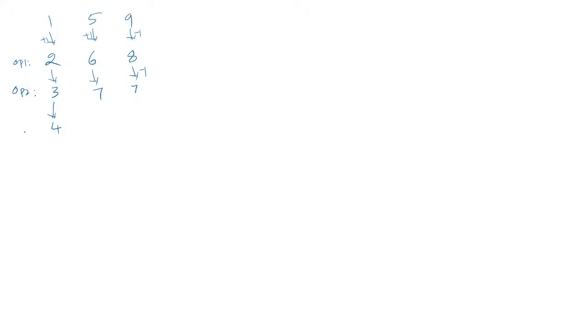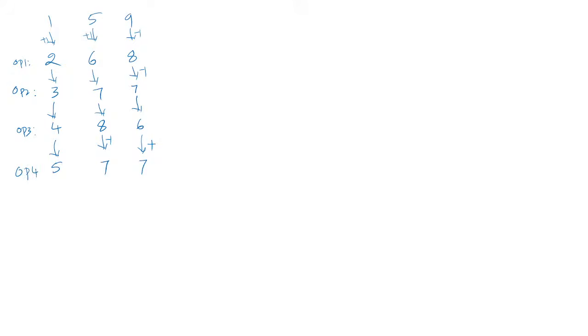Then operation 3 I am performing: I increment this by 1, I increment this by 1, then I decrement this by 1, so it becomes 4, 8, 6. Then I can increment this by 1, increment this by 1, and decrement this by 1, so it becomes 5, 7, 7. This is operation 4.